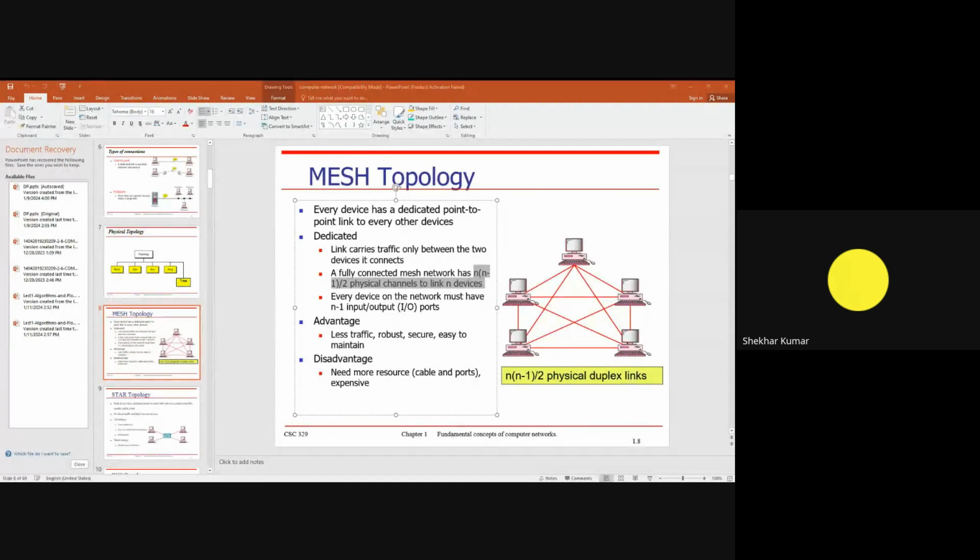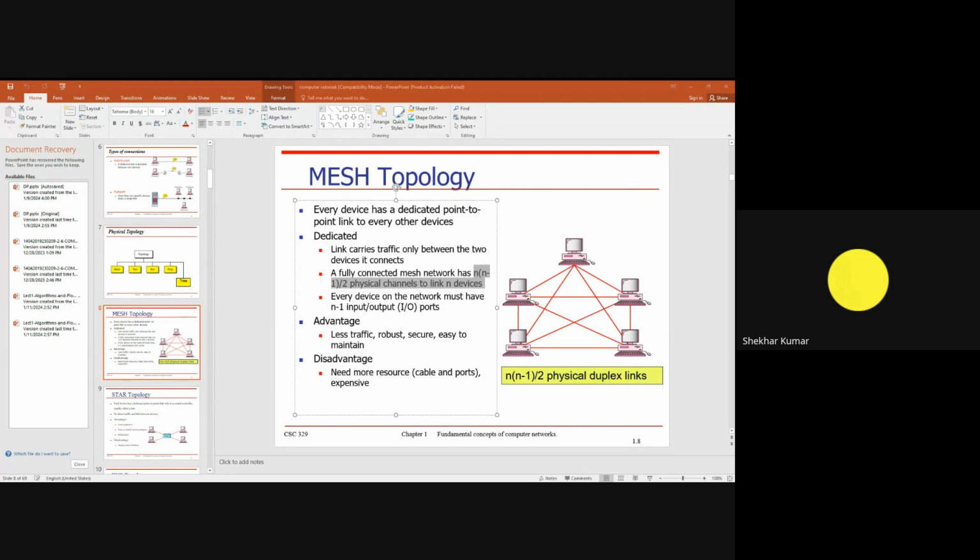So this is highly reliable as compared to the other topologies. These are some advantages and disadvantages of the mesh topology. It is fully connected, robust and not flexible.